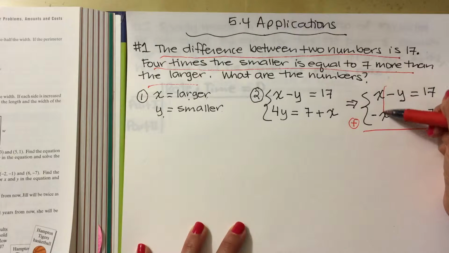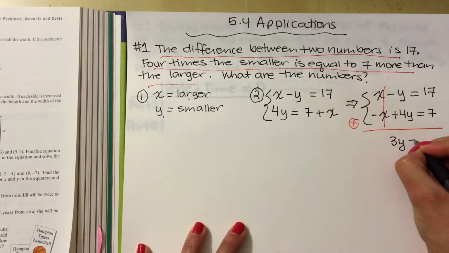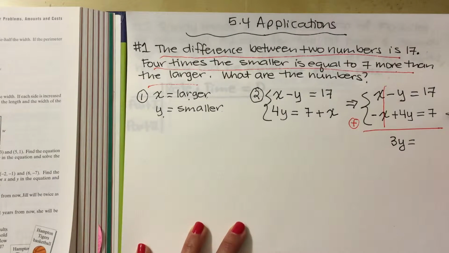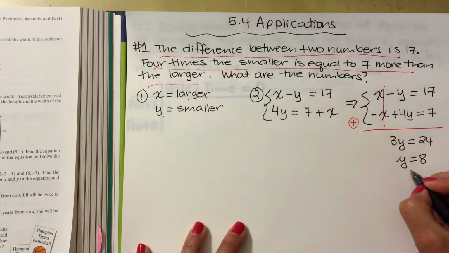So we get rid of x, negative y plus 4y gives me 3y, and then 17 plus 7 gives us 24, and when we solve for y, we get 8. So basically the smaller number is 8.